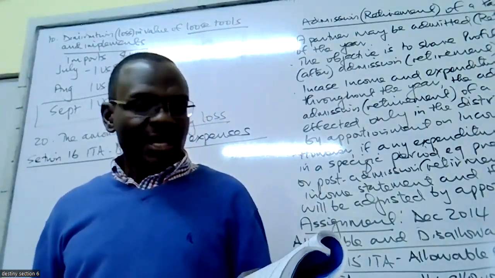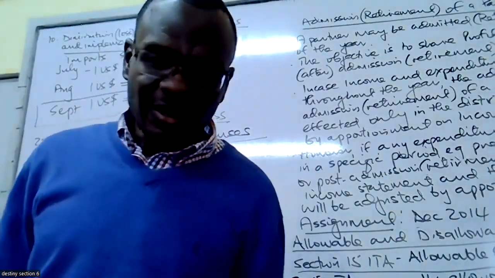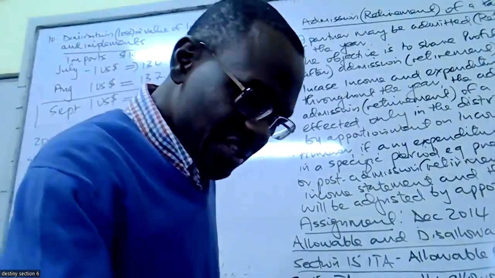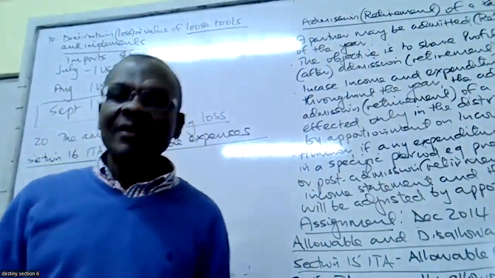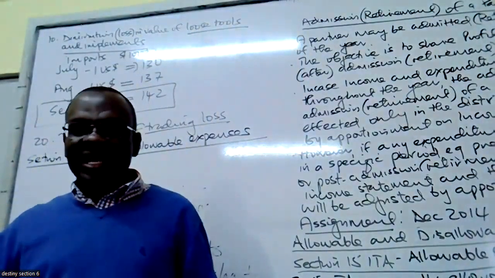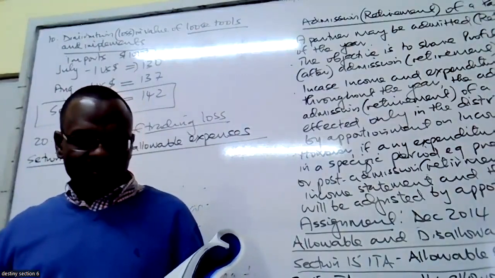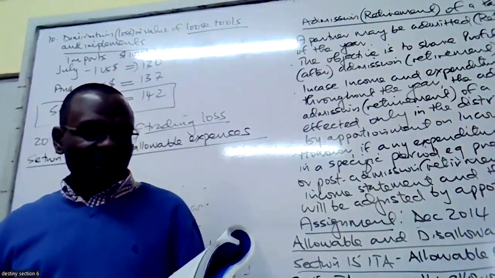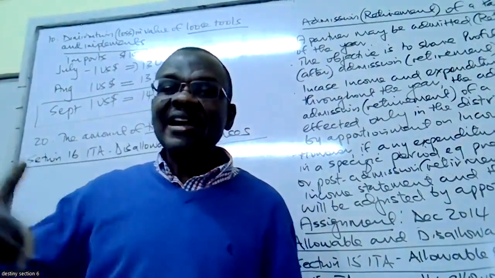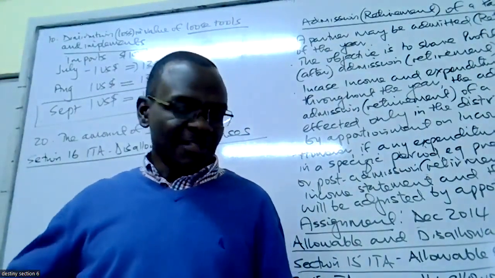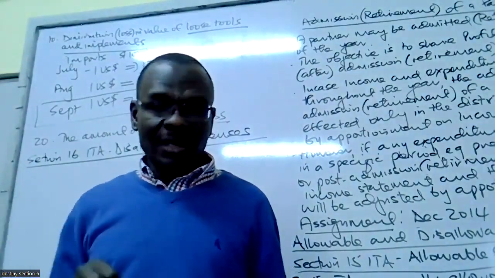Number 8, unrealized foreign exchange losses, whether these losses are capital in nature or revenue in nature, will not be allowable as long as they are unrealized. 9, the amount of expenditure or losses that are recoverable under an insurance contract.